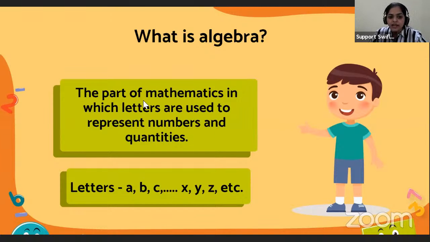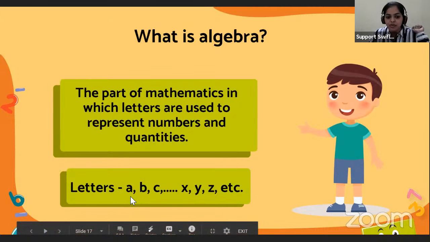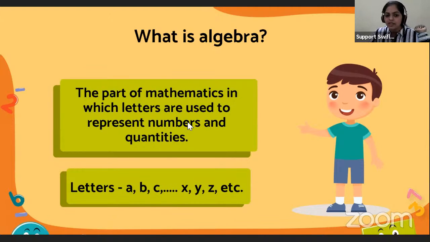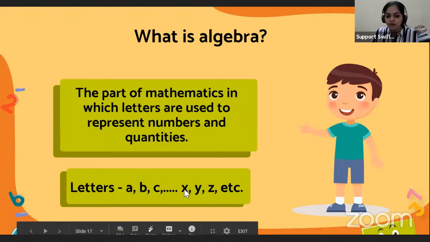Once again, it is a part of mathematics in which letters are used. The letters may be from A to Z, A, B, C till Z. We can use any letter, and they are used to represent numbers and quantities. As we have already seen in the last example, n represents the number of tomatoes and n represents the number of years. All right, so this is all about algebra.